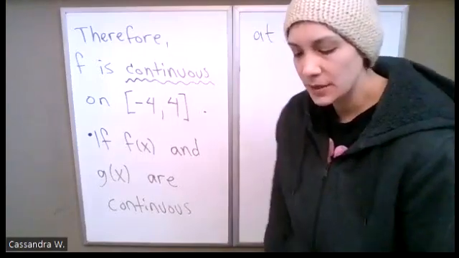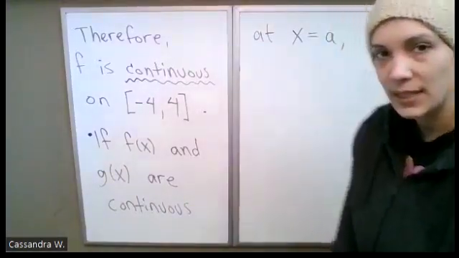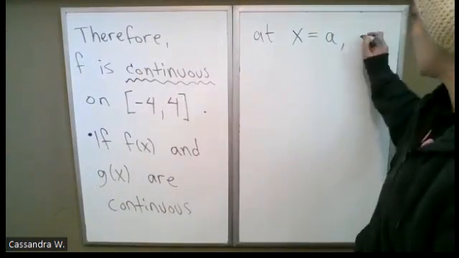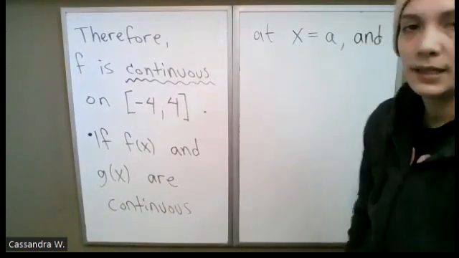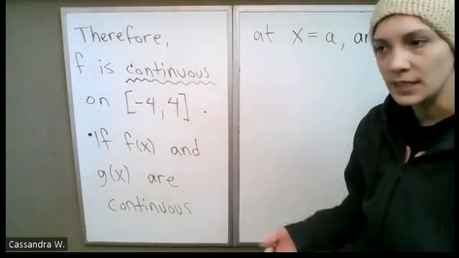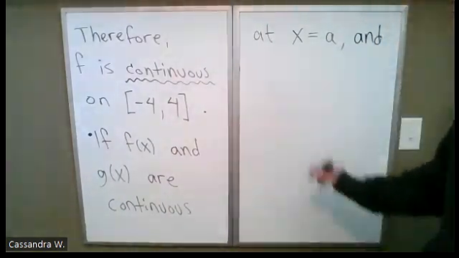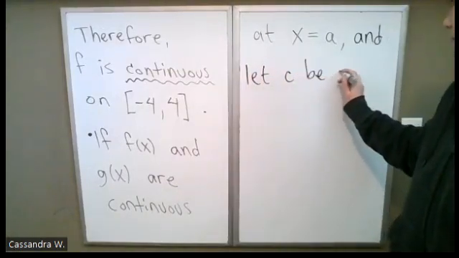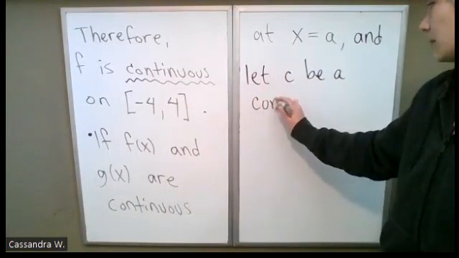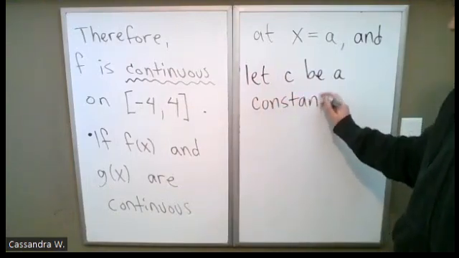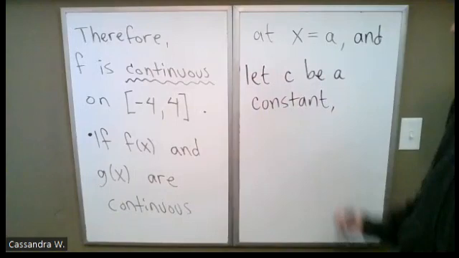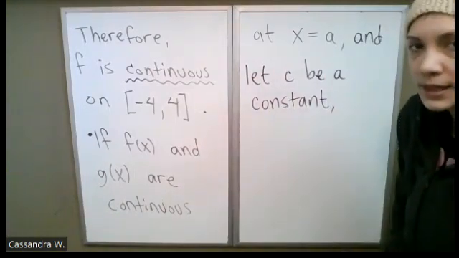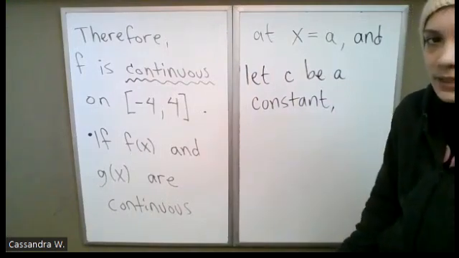All right, I have my two functions f and g. They're both continuous at x equals a, and I need a number c. Let c be a constant, so c is some real number. Then the following functions are continuous.